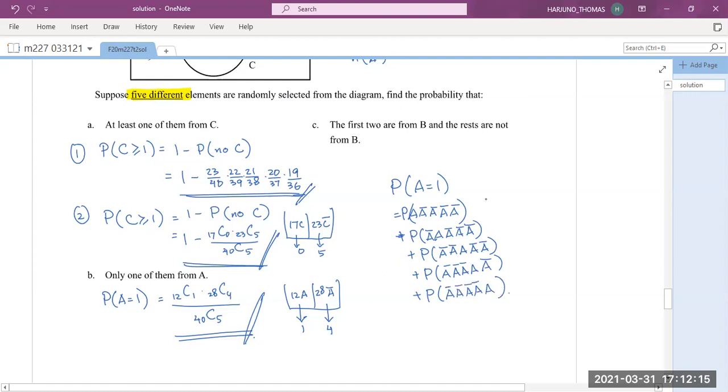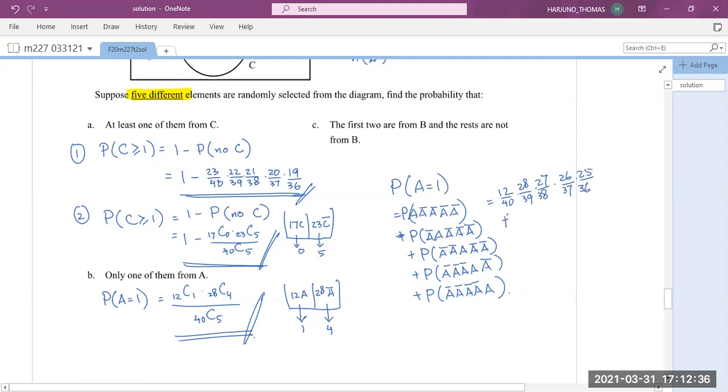And that person computes the probability for each one of them. Probability that you get A first, that's 12 over 40. And then not A, that's 28 over 39, 27 over 38, 26 over 37, 25 over 36.